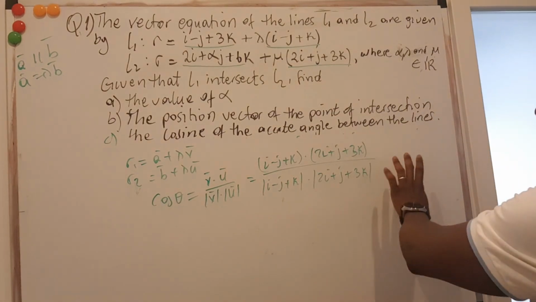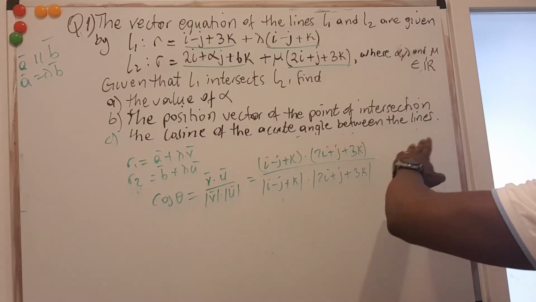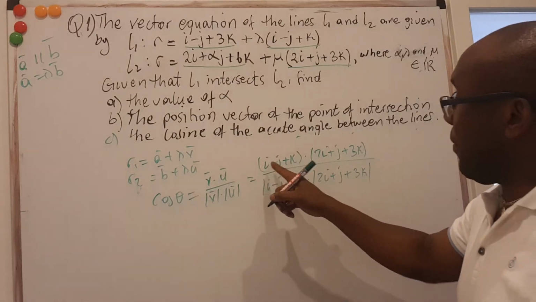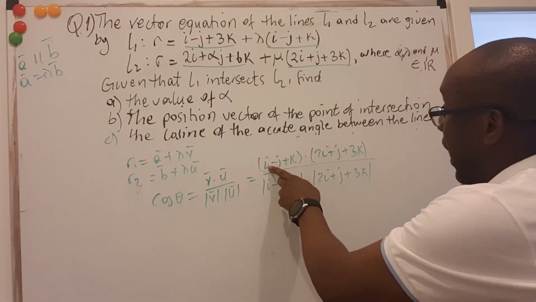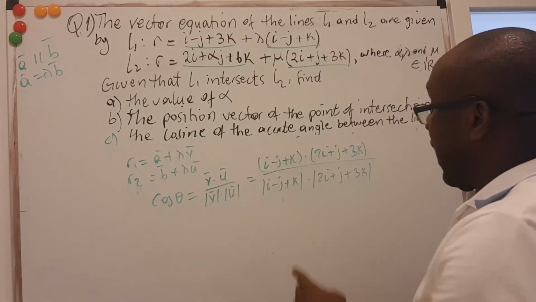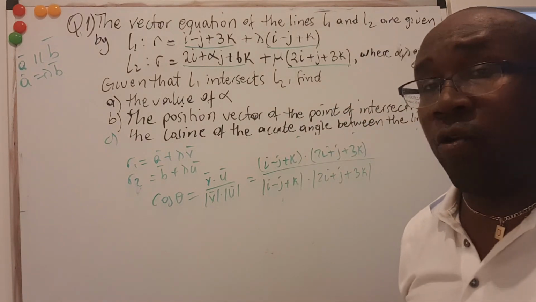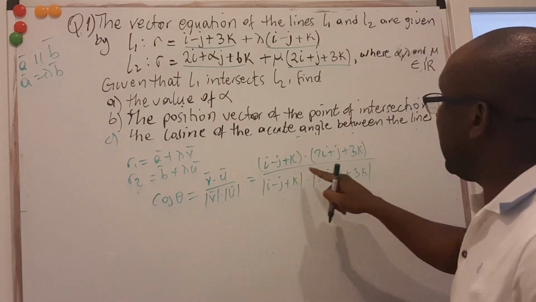If you do this, you come out with a number, and then you just have to look for the cosine of that angle. Remember how we do dot product. I think you also know that as well. i dot i is 1, so it survives. i dot j is 0 because they're perpendicular, 90 degrees, and cos 90 degrees is 0. So only i with i, j with j and k with k survive.